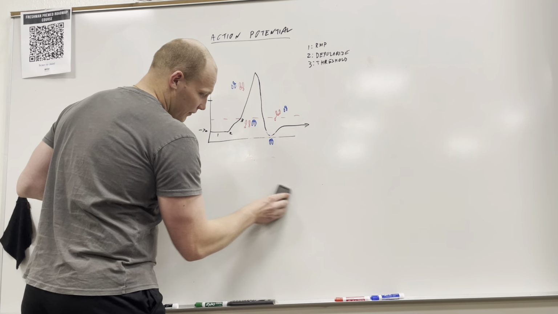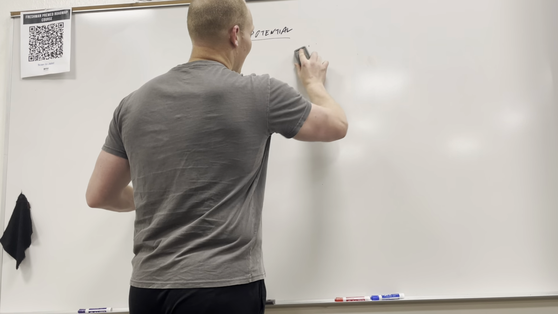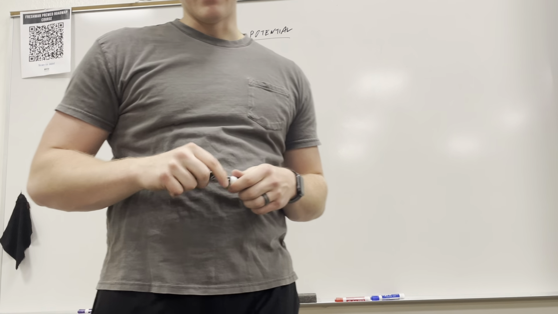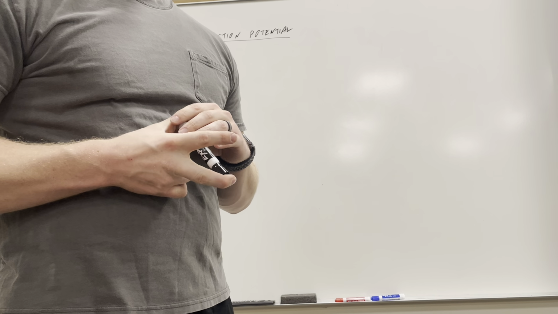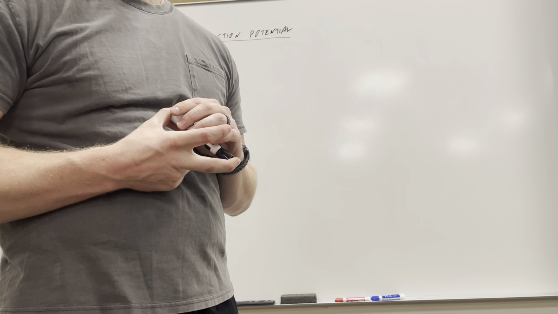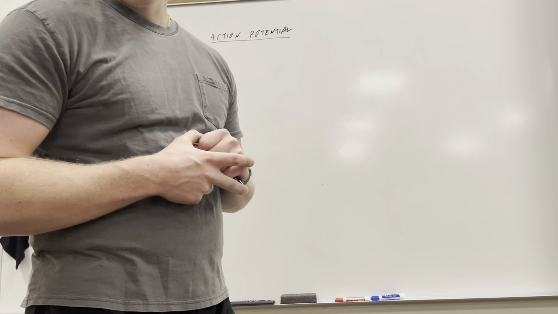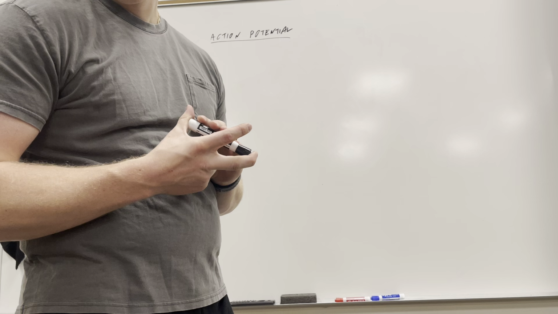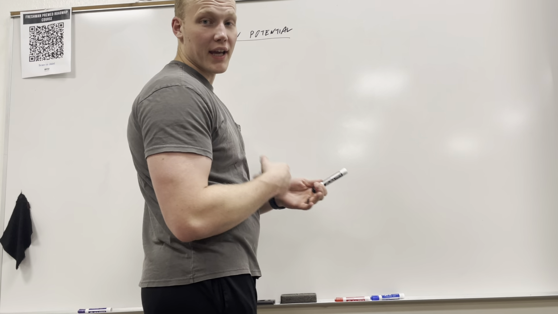Now there's a couple different types of potentials. We have the action potential, and then we have a graded potential. During an action potential, like I said, it is one and done.